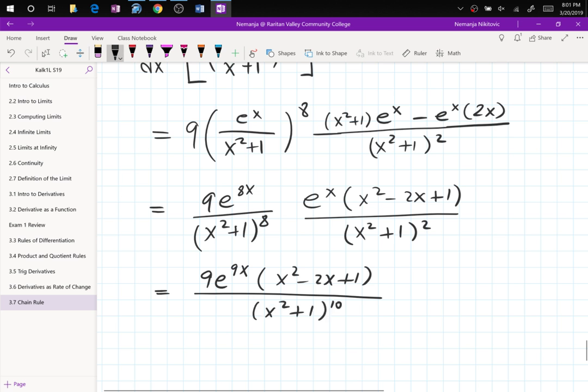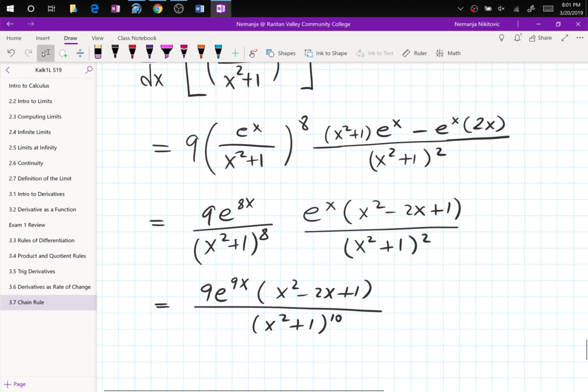Just because we can. Beautiful. This does actually factor into x minus 1 squared. Why not? It's kind of cool: 9e to the 9x, x minus 1 squared, divided by x squared plus 1 to the 10.